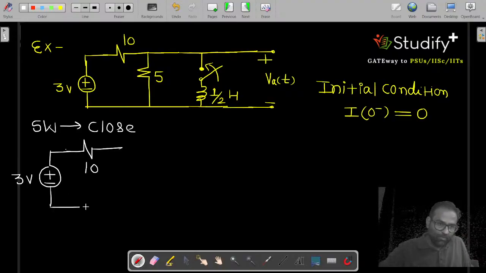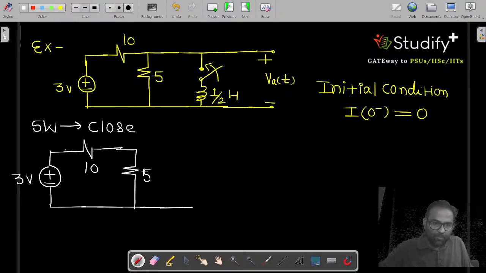This is 10 ohm. This is 5 ohm. And we have one inductor, and this inductor has the value half Henry.